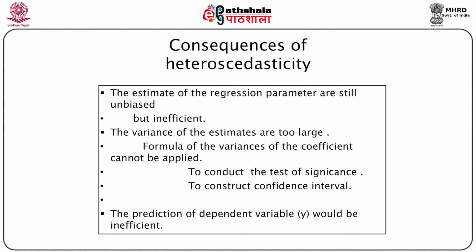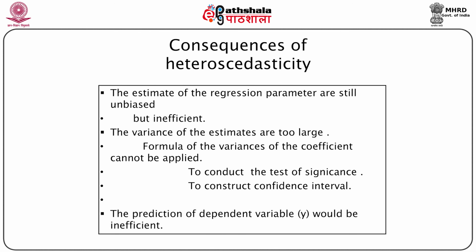Now, if there is heteroscedasticity present in the dataset, there are a few consequences. The estimates of the regression parameters are still unbiased in the presence of heteroscedasticity, but they are inefficient.